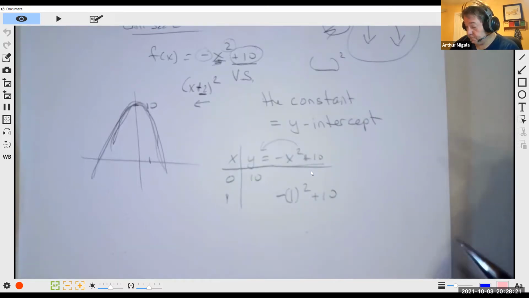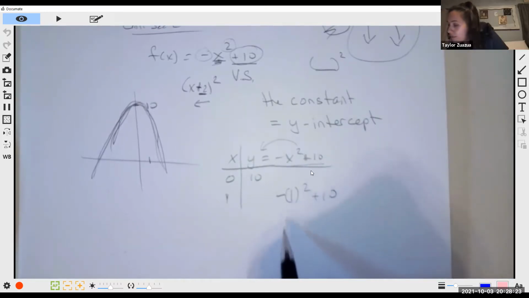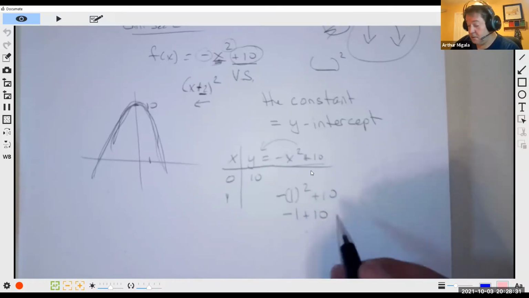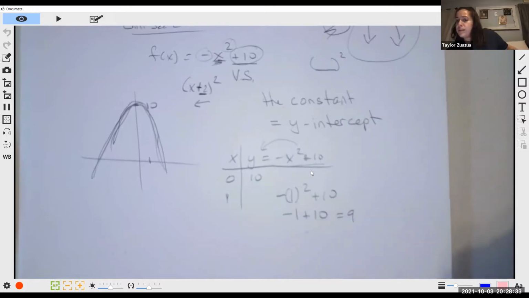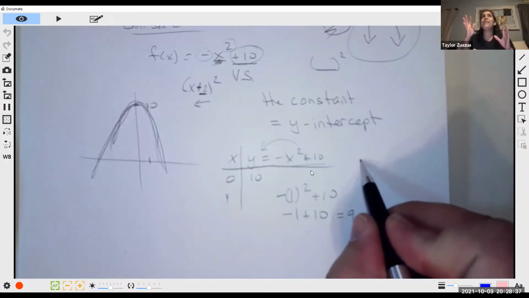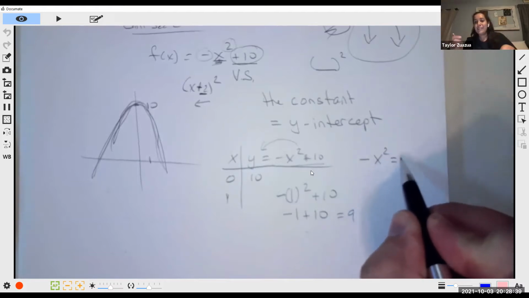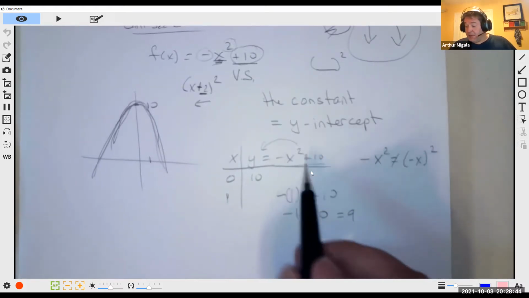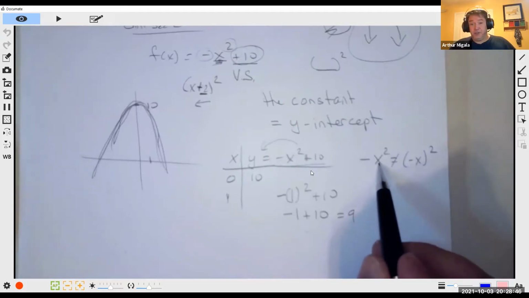So it's -1 squared plus 10, and 1 squared is 1. So it's -1 plus 10, which makes it 9. No, you have to be very careful about these with squares. That negative is not included in that square.